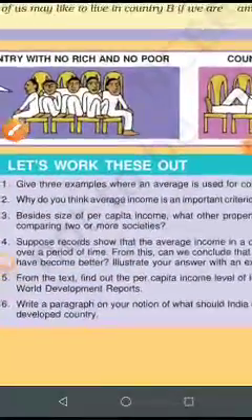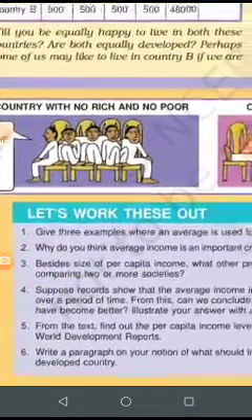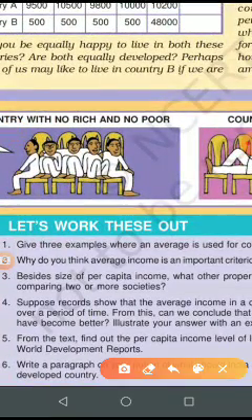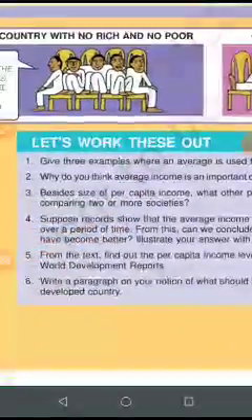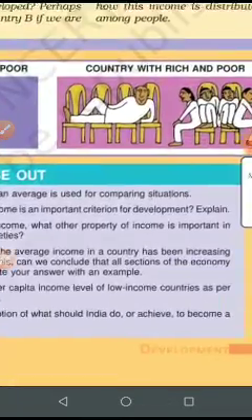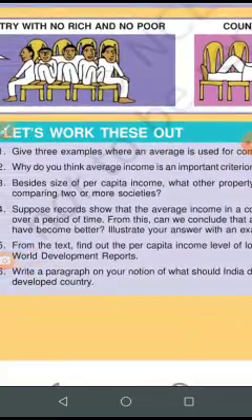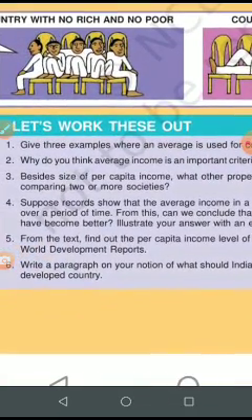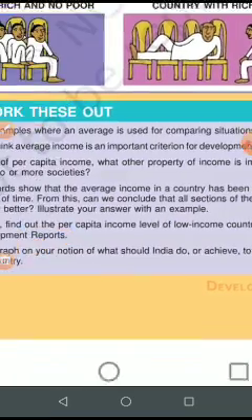Now, children, based on these pictures and the information given there, you have to solve these questions. Let's work this out. First question, give 3 examples where an average is used for comparing situations. Then, why do you think average income is an important criterion for development? And besides the size of the per capita income, what are the other properties of income that are important?